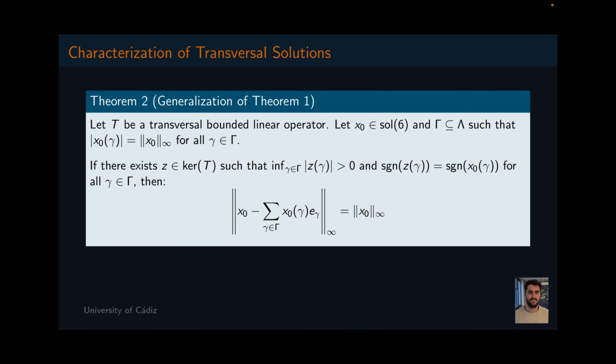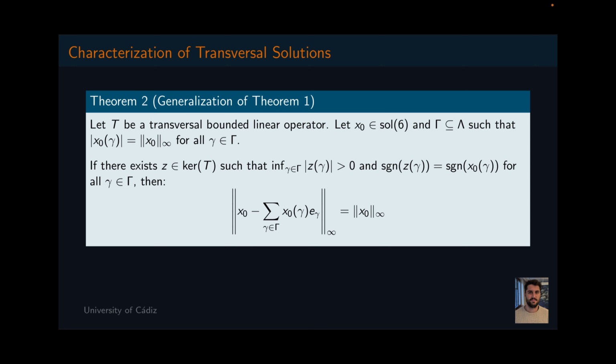Theorem 2 takes the transversal case even further, revealing an incredible structural symmetry. Let's suppose we have an optimal solution x0 that attains its maximum infinity norm on a specific subset of coordinates, which we will call the set gamma. If we can find any perturbation vector residing in the kernel of T that happens to share the exact same signs as x0 across all coordinates in gamma, we reach a fascinating mathematical conclusion.